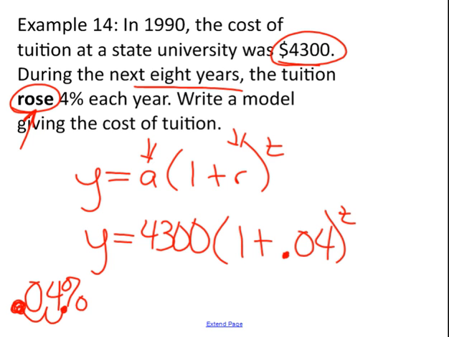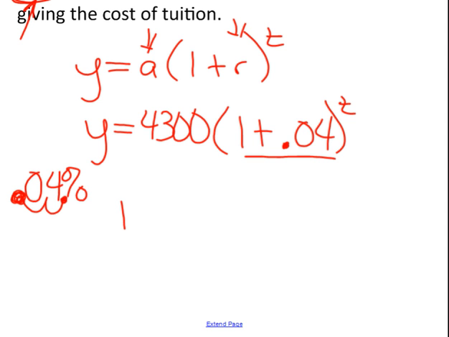I will ask you to actually add these numbers together. So if I have 1, and I want to add 0.04, remember when you add decimals, you're going to line up the decimals. Well, 1 doesn't have a decimal, so I'm going to put one in. Also, I can add zeros, and it won't change anything.